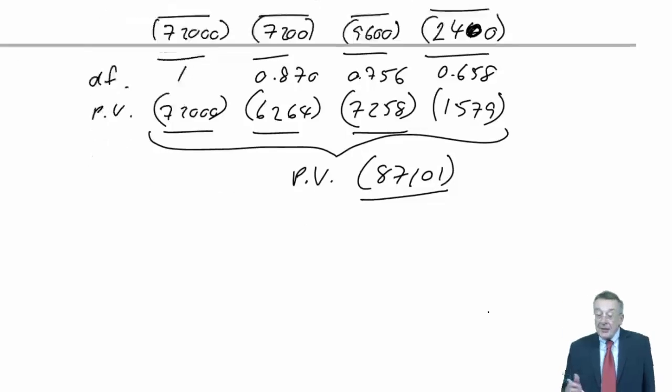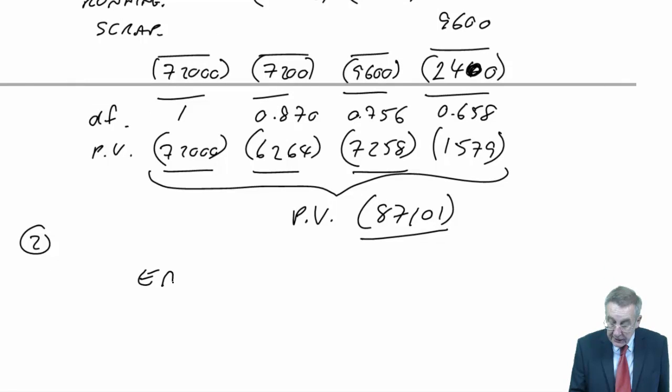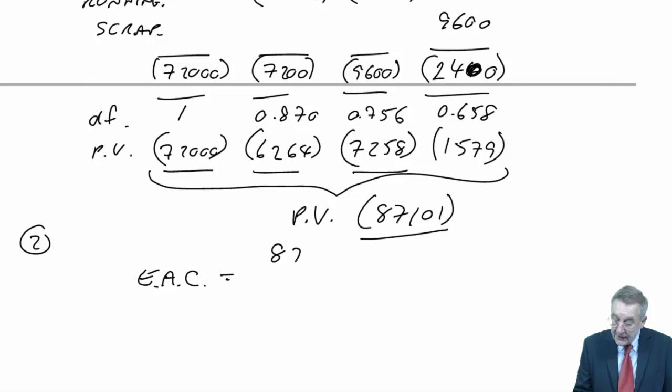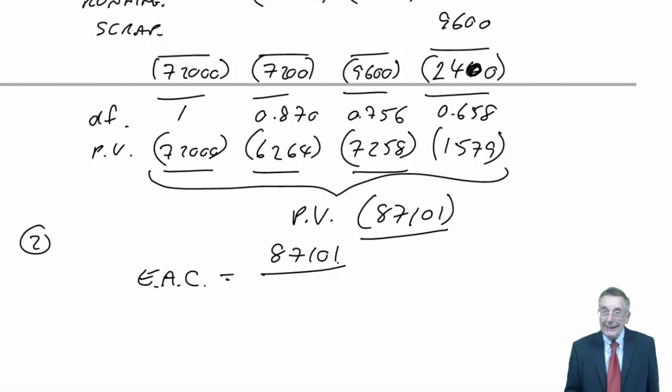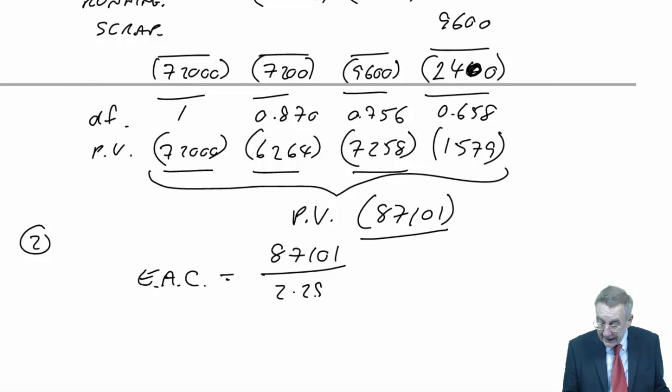That was step one. Step two, the equivalent annual cost. We take the present value of the first machine, 87,101. It's 3-year replacement, so divide by the 3-year annuity factor. 3 years at 15 is 2.283.